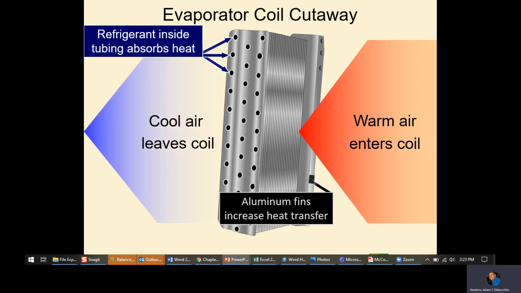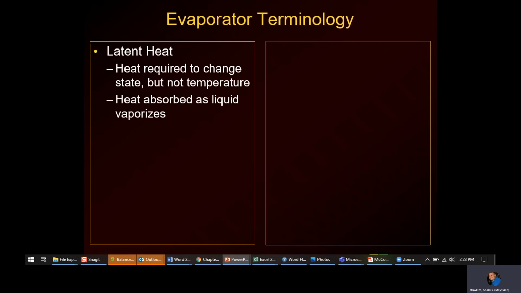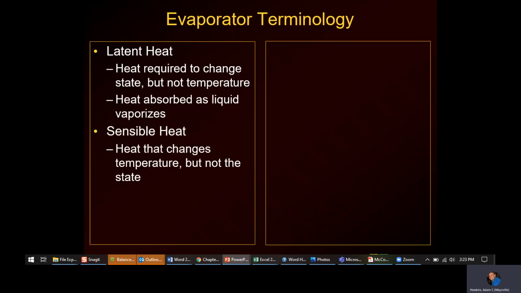All right, so hopefully we know this by now, that we're taking warm air, we're absorbing heat, and we're putting it in the refrigerant. Latent heat, if you remember this, is the heat required to change state, but not temperature.